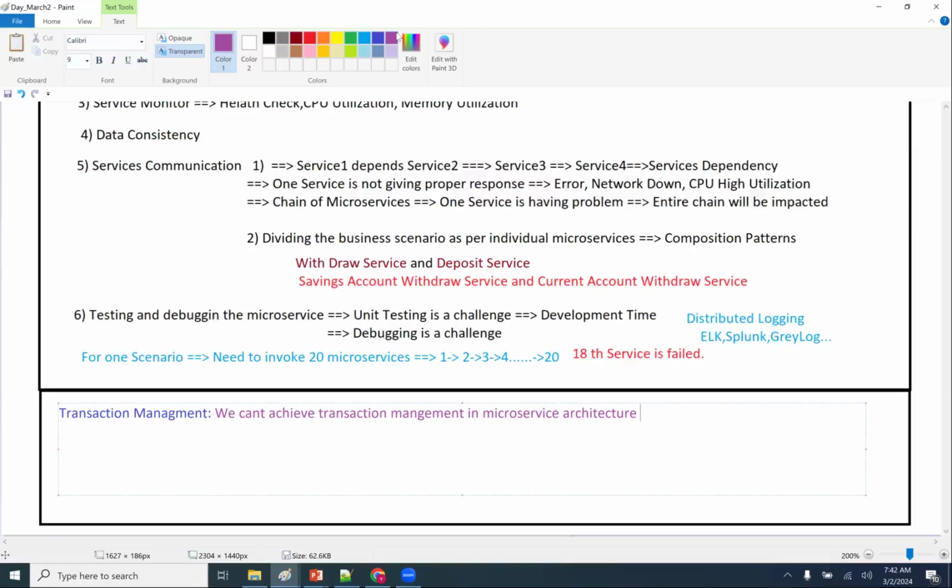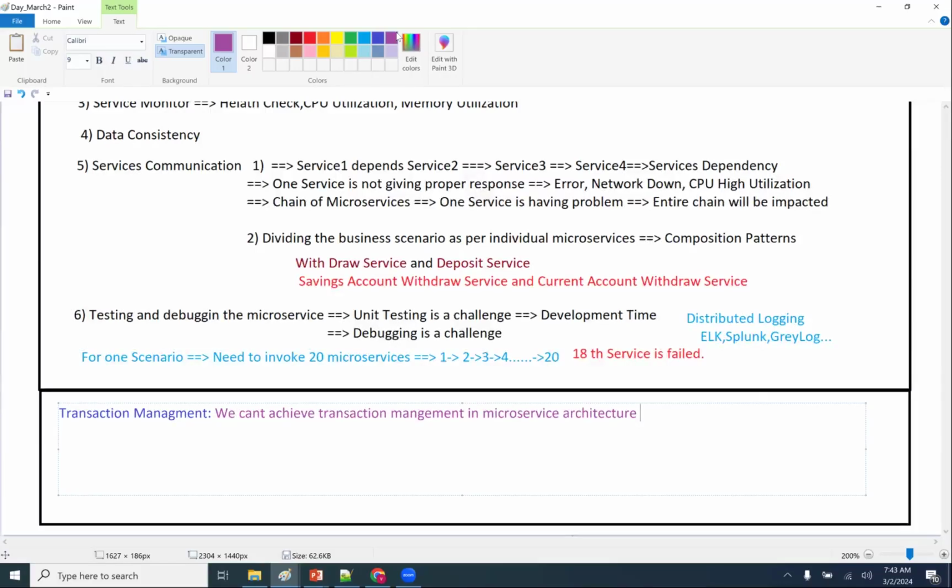But in my perspective, those patterns are not used in real time. They are defined, but they unnecessarily create headaches for the system. We'll discuss more in that architecture.